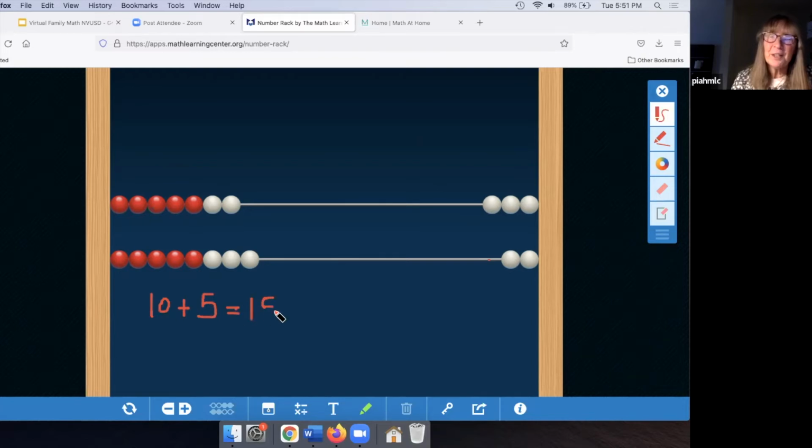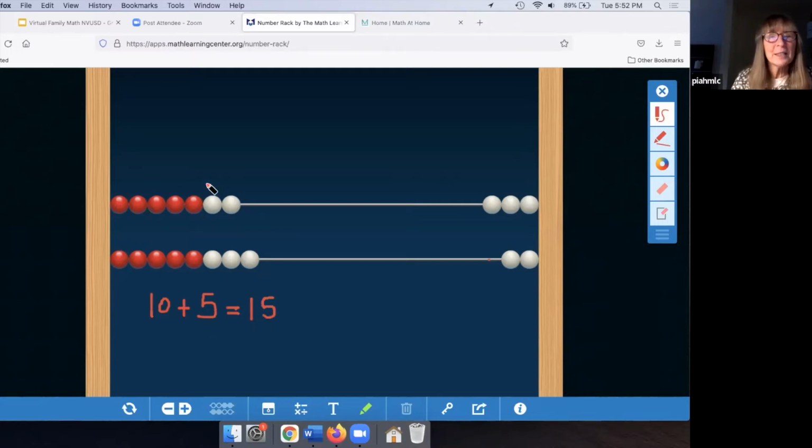The beautiful thing about using a physical number rack and then moving to the app is that we can be very efficient. We can push 7 beads in one push instead of having to count by ones. And we can push 8 beads because I know it's 2 less than 10.